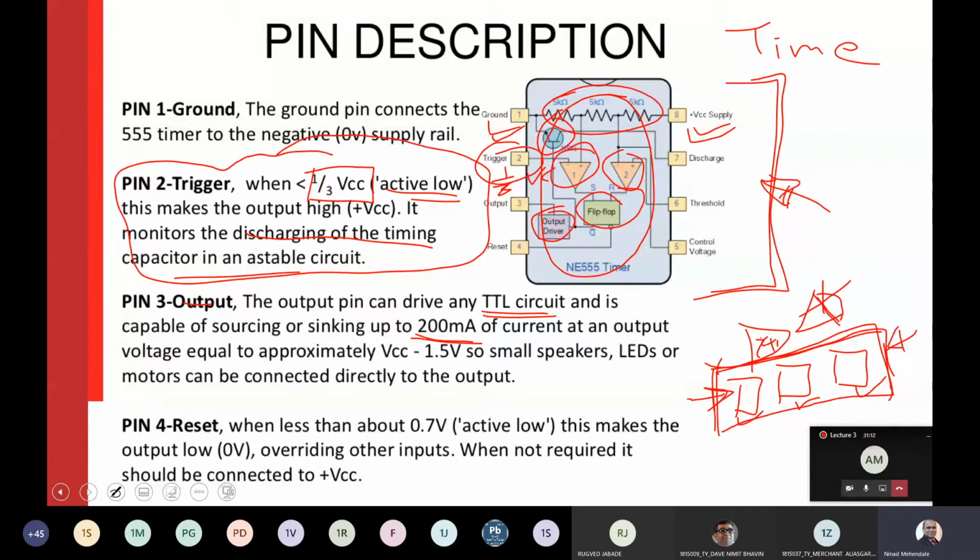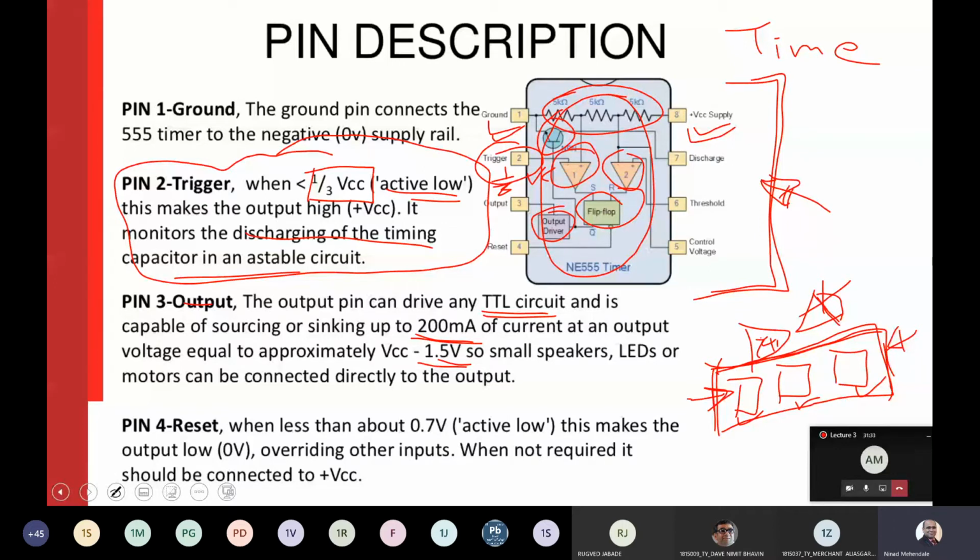And VCC can work from roughly 1.5 volts also. So even if you have a small battery to power IC 555, you can use that. Now there is an internal circuit which will reduce your output level to the corresponding logic 1.